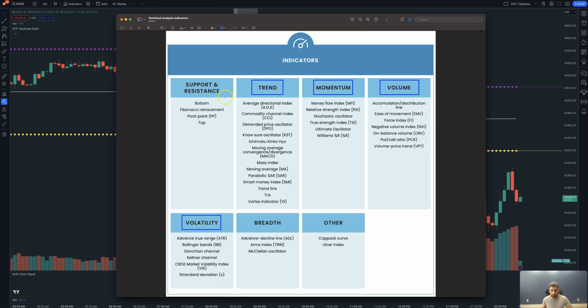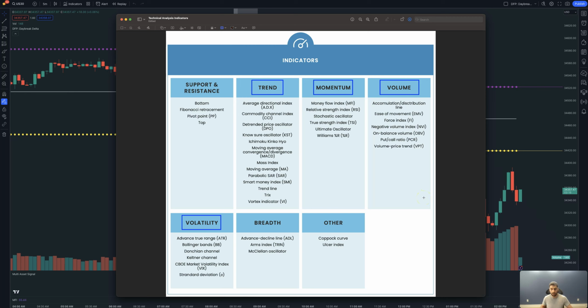There's a lot of different categories of technical analysis indicators: support and resistance, trend, momentum, volume, volatility, breadth, and other. These aren't all the indicators, but these are most of the most popular trading indicators. I put this chart together that shows a lot of the different indicators within each one of these categories.